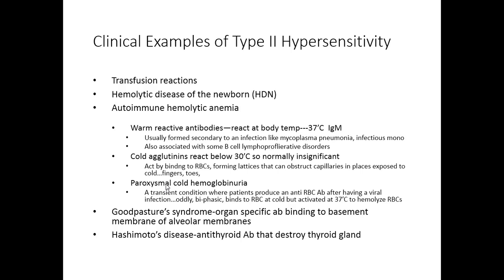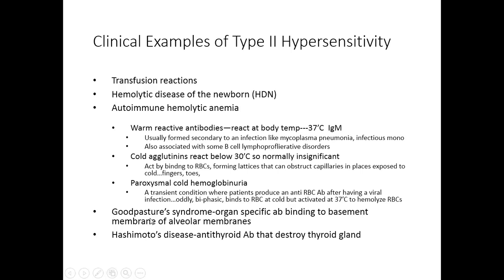We're going to look at transfusion reactions, hemolytic disease of the newborn, autoimmune hemolytic anemia. And we're going to go over these when we see them, so I don't think we need to go over it now. We're not going to really go over Goodpasture's and Hashimoto's. We'll talk about them later, and you'll do these in hematology as well.